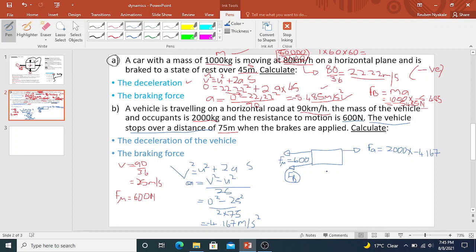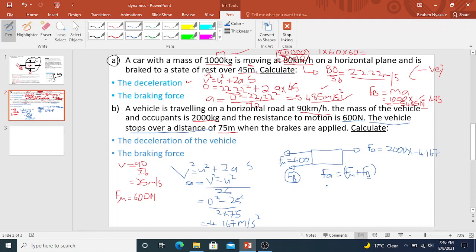Now in calculating the FB, it will be FA, or you can say total force, equals frictional force plus FB. I wrote the plus sign there just to indicate that we are dealing with grouping. But in this case, we want this one, then we will transpose this force to the other side. Oh, I didn't finish calculating my FA.